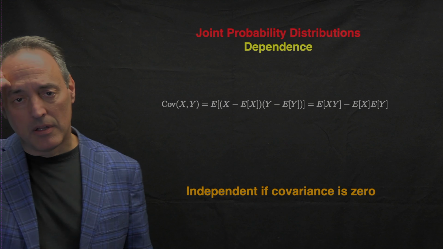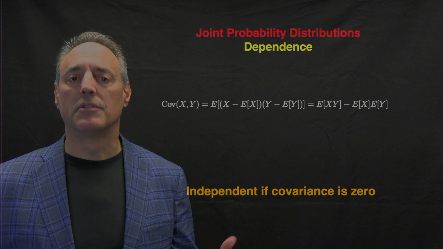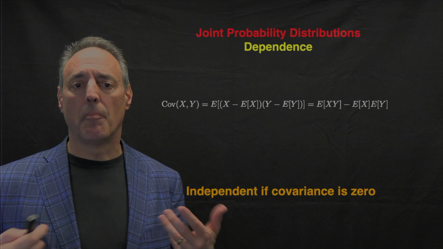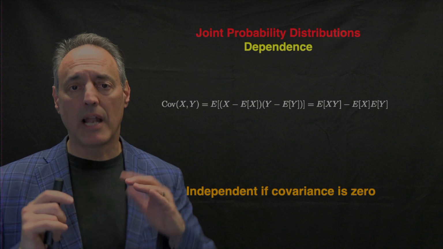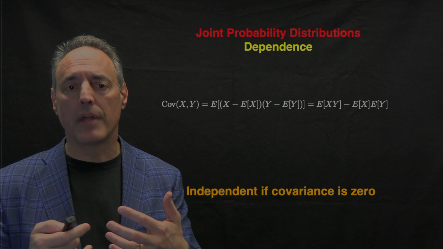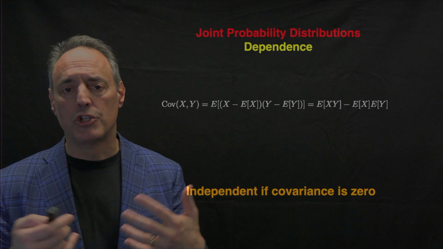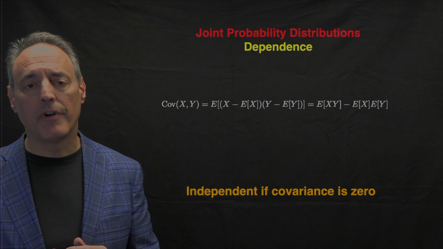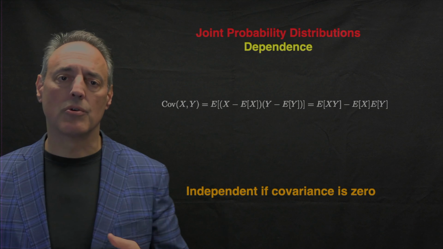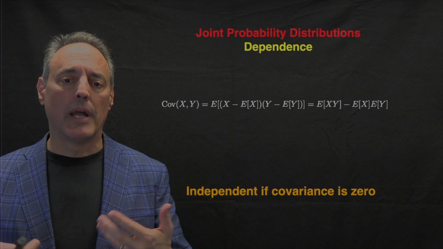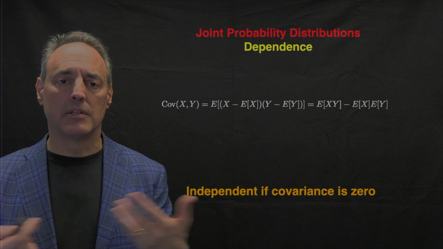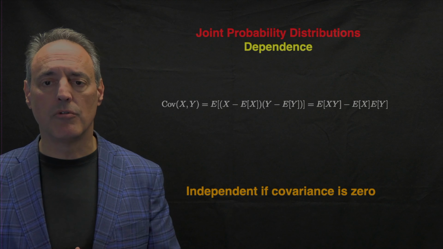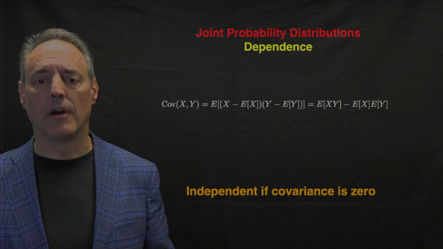However, there are many variables that are actually not statistically independent. In fact, they are dependent, and one way to get after how dependent they are, how coupled or how strongly linked they are, is to compute what's called covariance. The covariance is the standard way of computing the relationship between two variables and how statistically dependent they are.